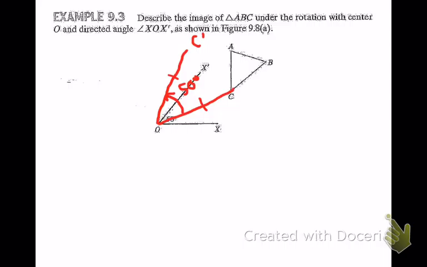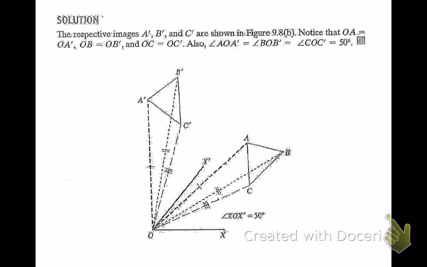Does everybody get how to rotate from C to C prime? Any questions? All right. So if we do that for each point, the angle XOX prime is 50 degrees.